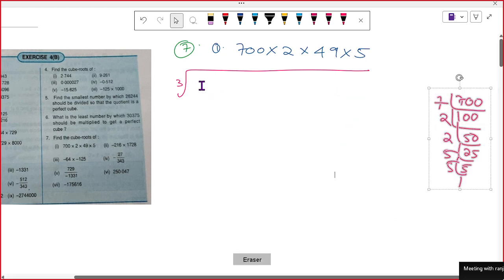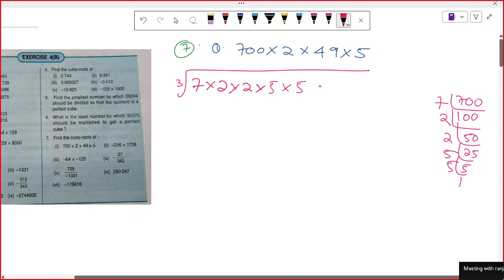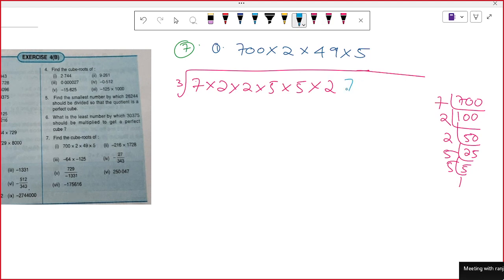Okay, for 700, what are the values we got? 7 into 2, 7 into 2 into 2 into 5 into 5. Okay, we have another 2 here. For 49, what do you get when you factorize? 7 into 7. Yes, done with this question. And this is a cube root. So cube, 3 values.